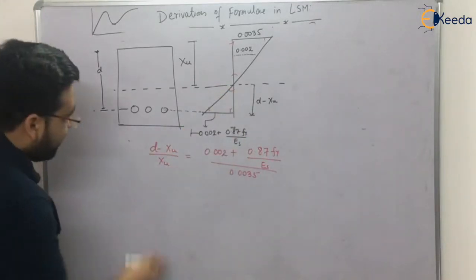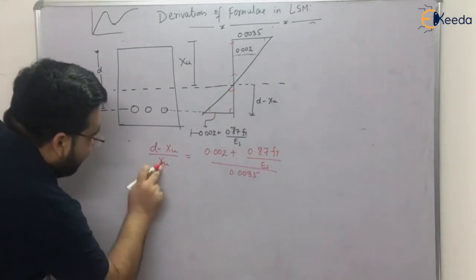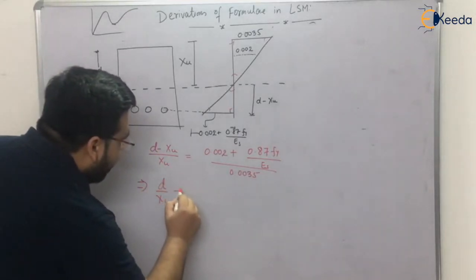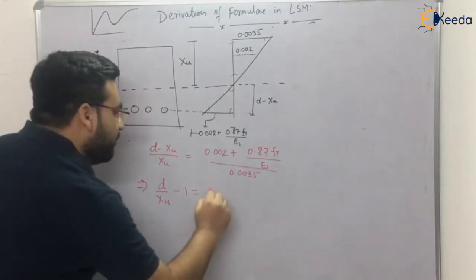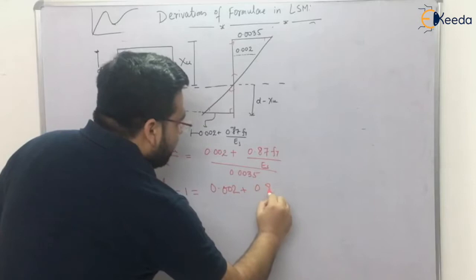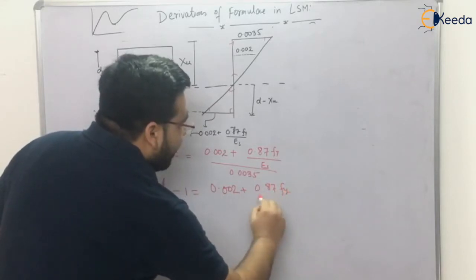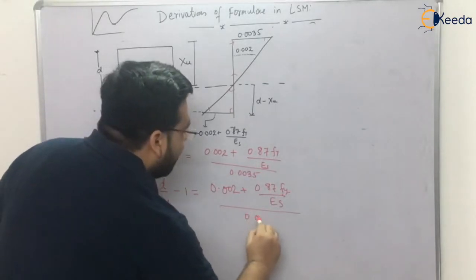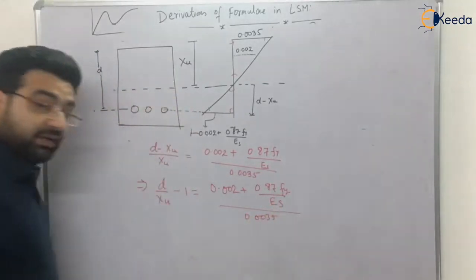Now what I have to do is reshuffle it. Let me divide: d divided by Xu minus 1 is equal to 0.002 plus 0.87 Fy divided by Es, divided by 0.0035. Simple, right?